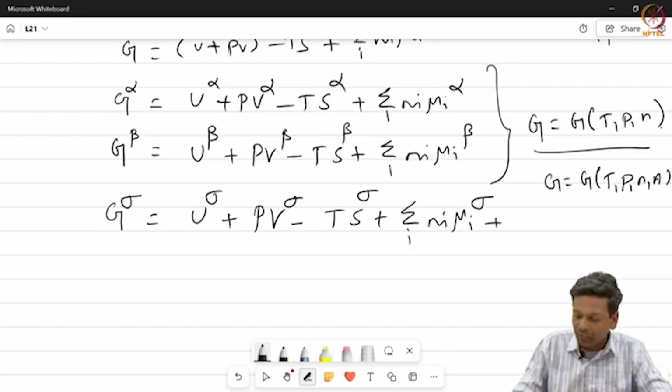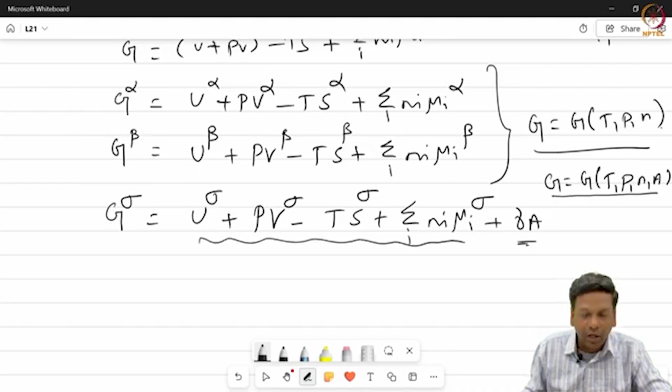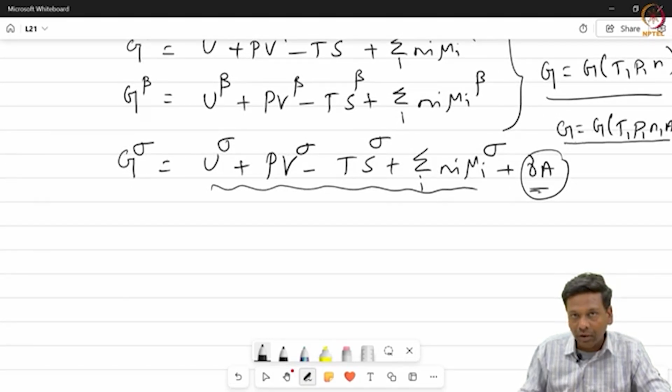So it will be a function of temperature, pressure, number of moles and area as well. So you will also have gamma A, which is the surface tension work, and you have to include that. If I look at the alpha and beta phases, these terms are common, whereas this is distinct. This is only the case for the interface. So G sigma is very distinct for the interface, correct.